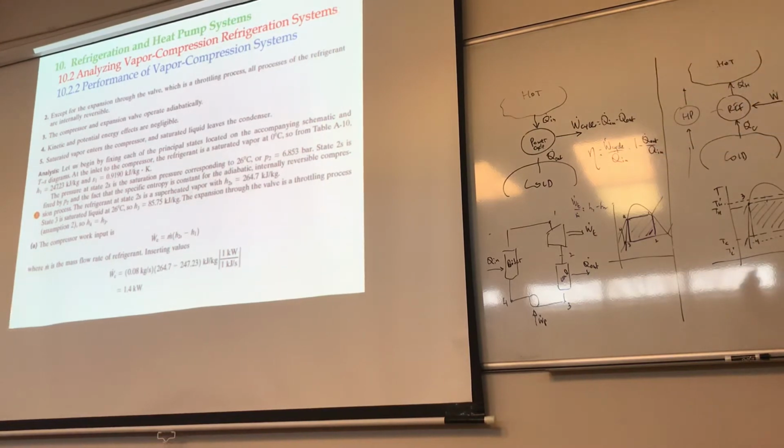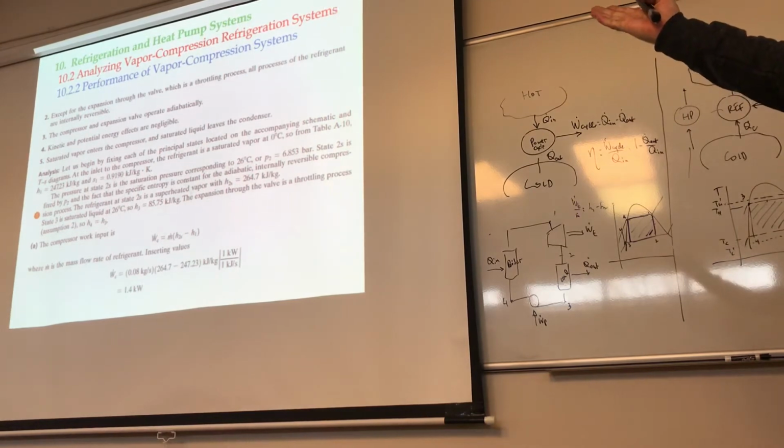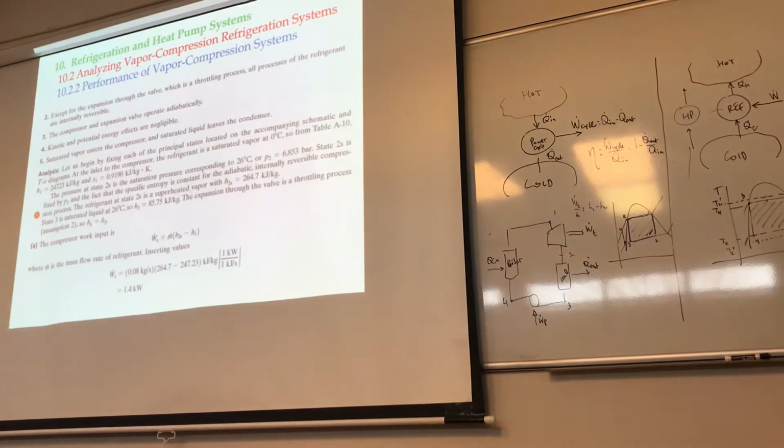Now, state number 2 is well defined because we know the entropy. And what else do we know? Do we know the temperature, or what else do we know about state 2?